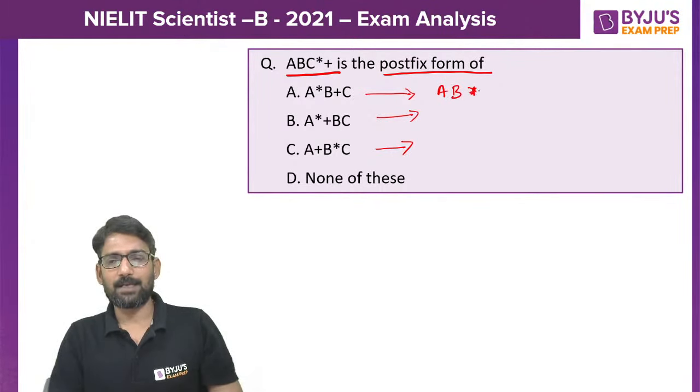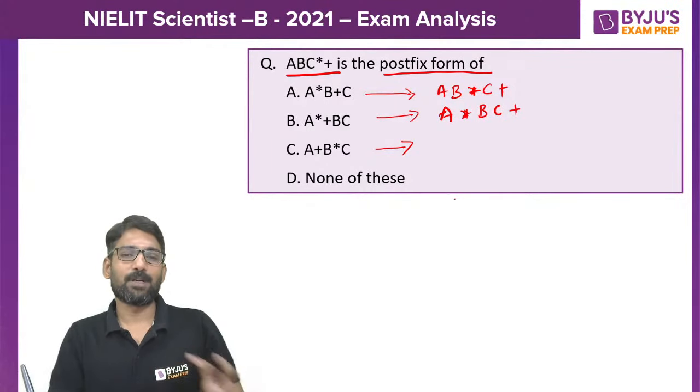AB star C plus, right? And if you have got A star plus BC as the infix, then what would be the postfix for it? A star BC plus.